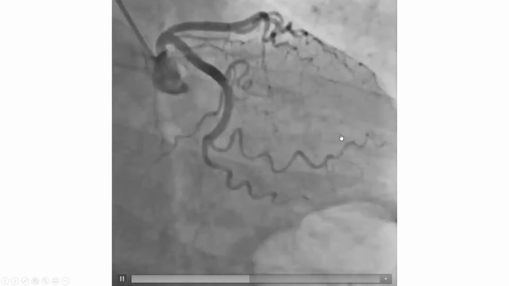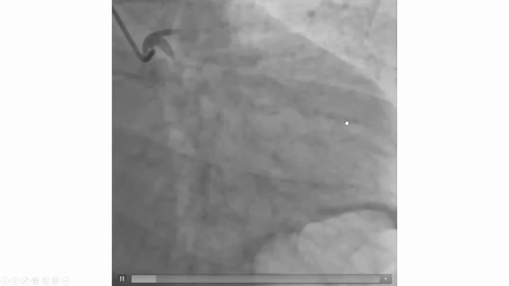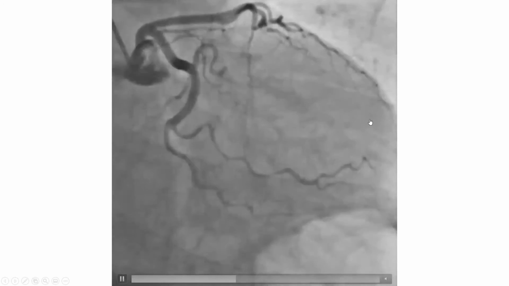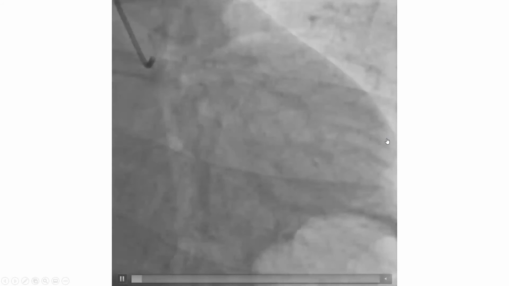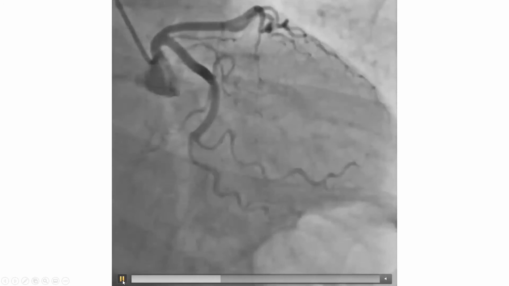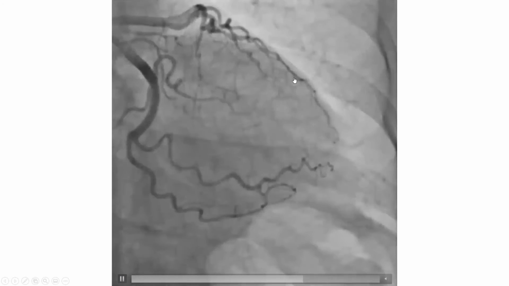But look carefully, and I can tell you where the LAD is. When you get lost, always look distally around the apex, which in an RAO caudal, the LAD should be somewhere here, not at the border of the heart shadow. It should be somewhere toward the center here.